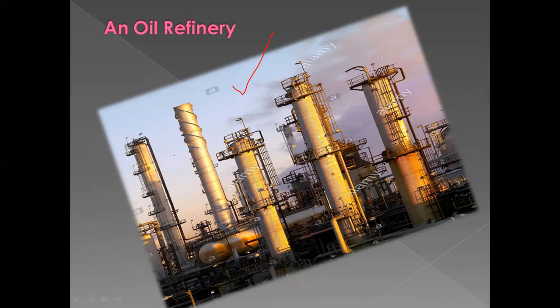Crude oil has lots of mixtures inside it, a mixture of petrol, diesel, kerosene, gasoline, etc. All this material is separated out here in these oil refineries.